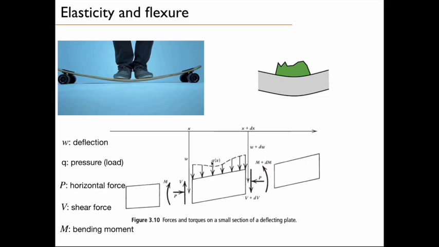Q is a load which is applied on the plate. It will have to be integrated along the length of the element here. P is acting along the x direction. It's a horizontal force. V is acting along the y dimension. This is a shear force. And M, here and there, are bending moments.